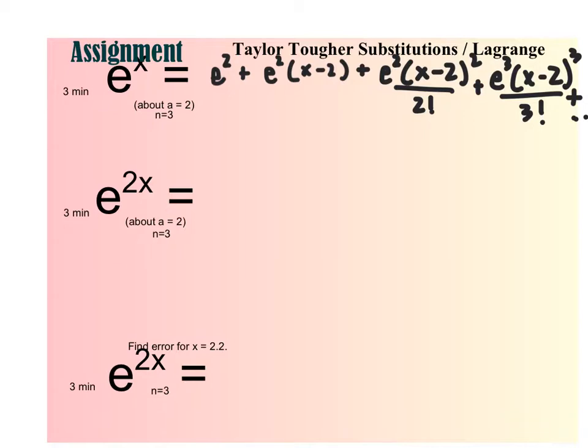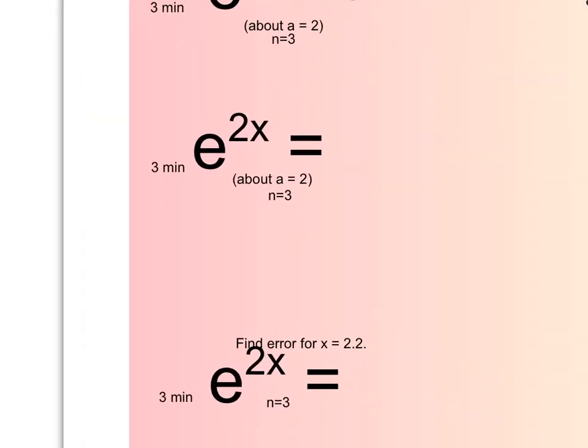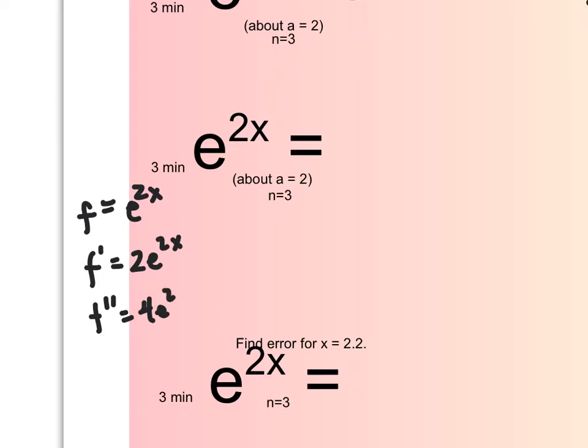Okay. In the second piece, it's going to get a little bit funkier. Let's look at the first 4 derivatives. So, of course, f is e to the 2x. F prime is equal to 2e to the 2x. F double prime is 4e to the 2x.